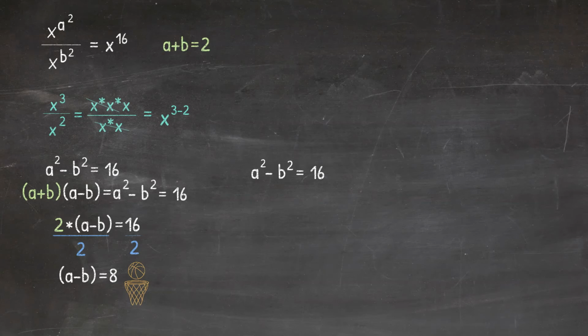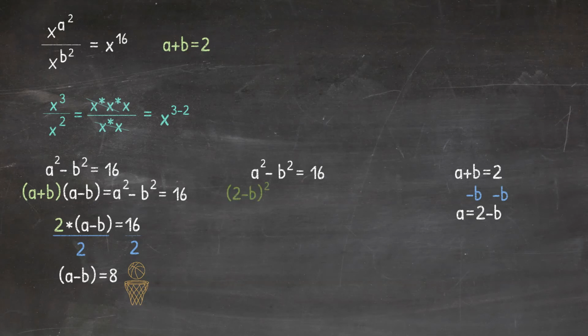In the question, we were offered that a plus b equals 2. So if we want, we can isolate a, and as a result, we'd subtract b from each side and get that a equals 2 minus b.